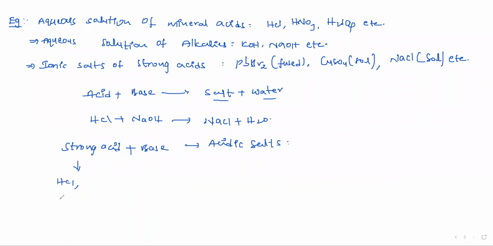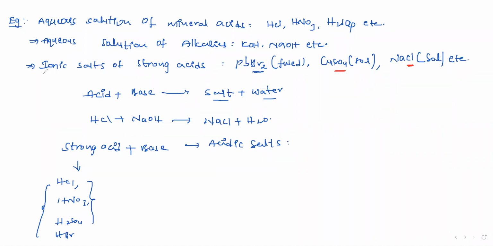HCl, HNO3 and H2SO4. These are strong acids. Okay. So it can form HBr also. HBr is also a strong acid. Br came from the strong acid. The copper sulfate is nothing but it came from H2SO4. And next is Cl, HCl.